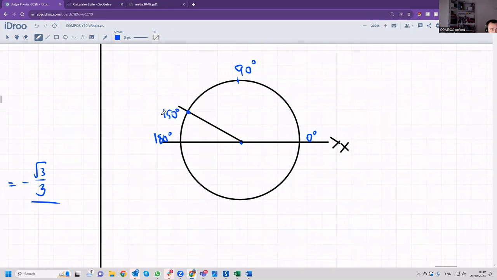We use symmetry. If we draw a symmetrical line, it's going to be this one. This is 30 degrees, and we know cosine 30.